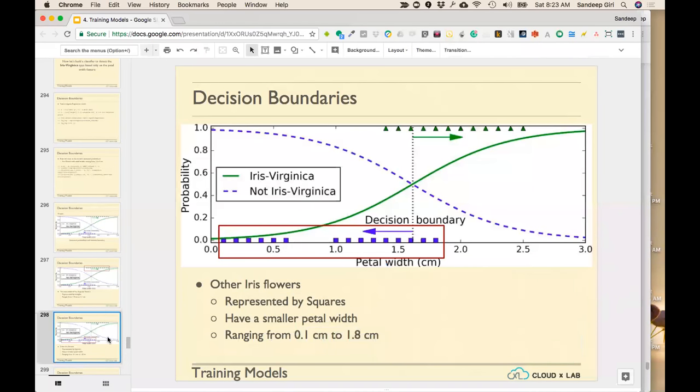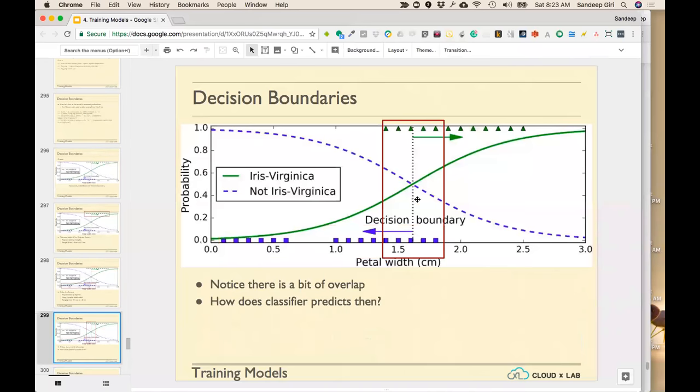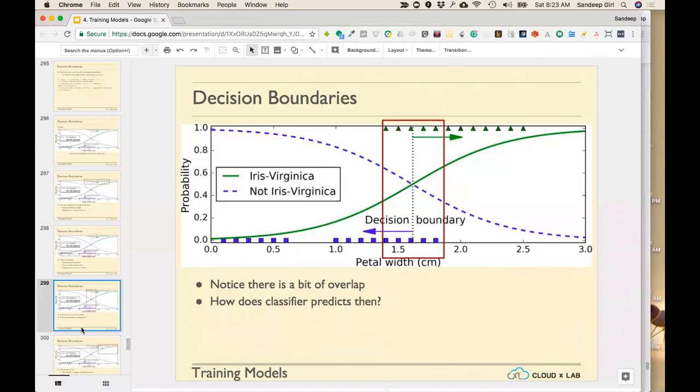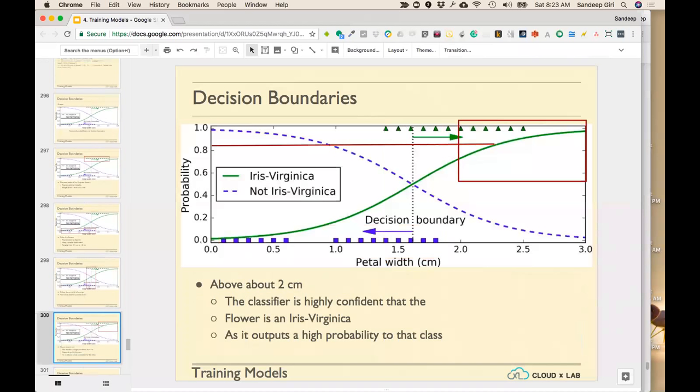So basically this is our overlap. This is where the overlap is happening. The question is, how do we resolve this kind of overlap?